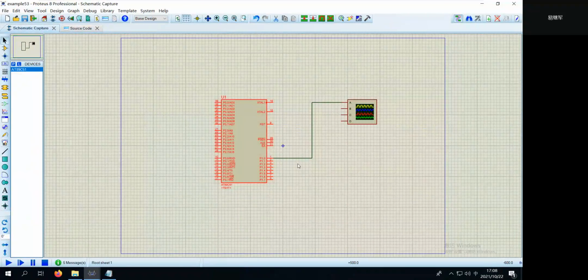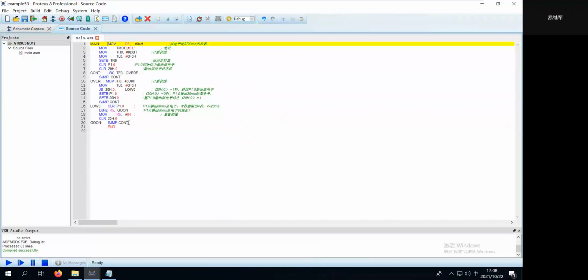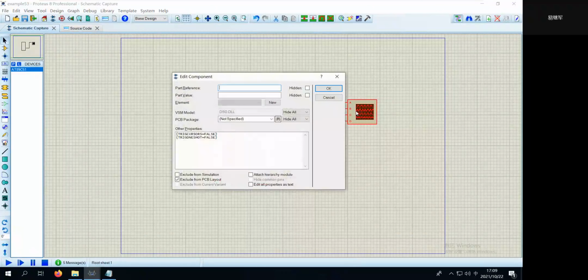This is assembly language code. This is a scope.